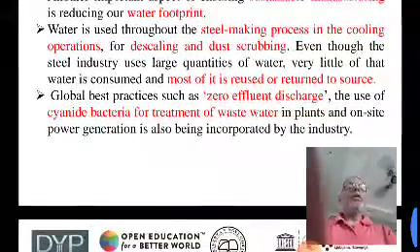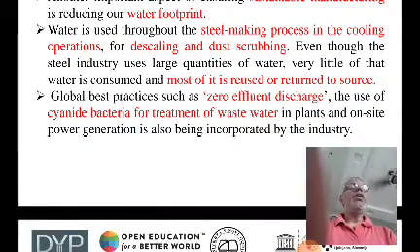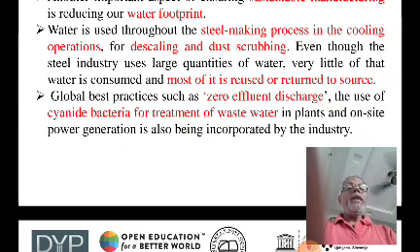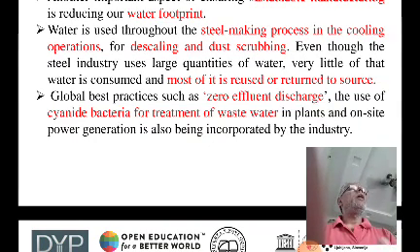Global best practices such as zero effluent discharge, the use of cyanide bacteria for the treatment of wastewater in the plants, and on-site power generation are also being incorporated in the industry, and so the iron and steel production industry will become more sustainable.